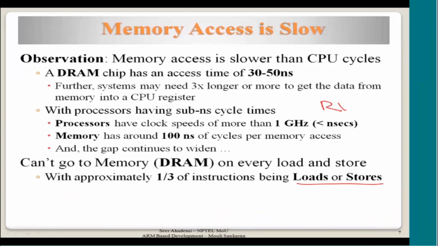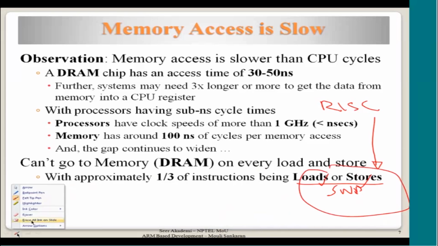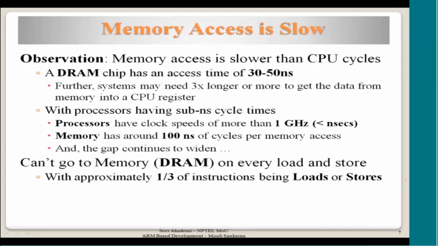So our focus on load store is because only two types of instructions in the RISC processor access memory. So there is no doubt about those things. Maybe swap is another part of that, but do not worry about that. These are all the important points that I wanted to highlight here.